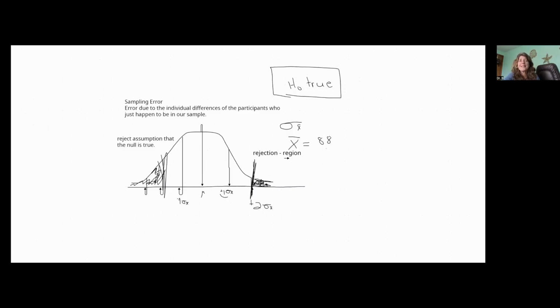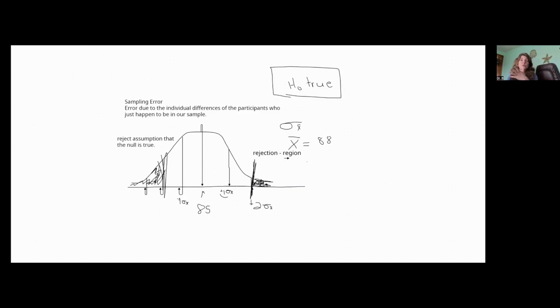Well, now we're going to take this onto our sampling distribution of the means and ask ourselves, does this make sense? Like, what is our mean? So let's pretend our mean is an 85, right? Well, clearly 88 is higher than 85, but in our sample, we have sampling error, right?